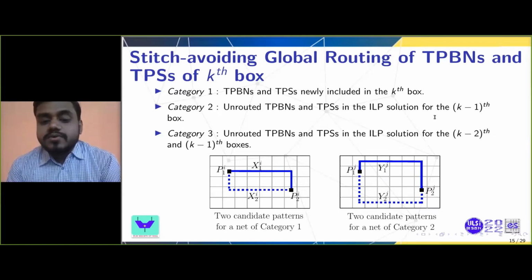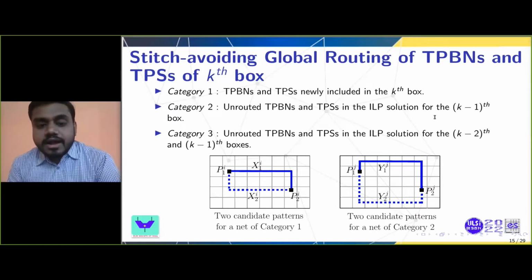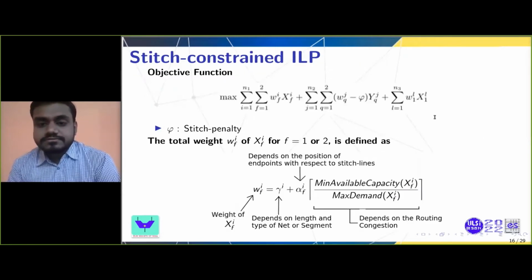For each category 1 TPBN and TPS, we consider two L-shaped candidate patterns, as shown in the leftmost figure. As the category 2 TPBNs and TPSs were not routed during the (k-1)th box, they require more bends, and we use two candidate patterns as shown in the rightmost figure. The category 3 TPBNs and TPSs are not routed using the ILP. They are routed using stitch constraint mesh routing as they need more bends.